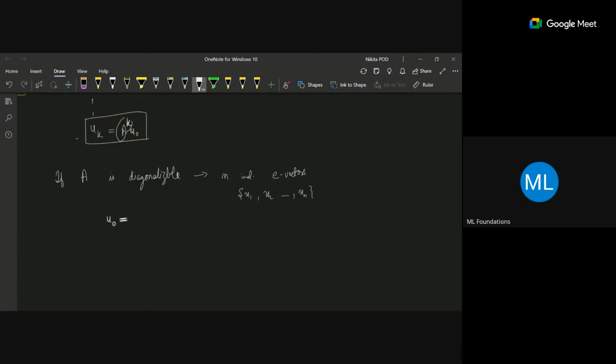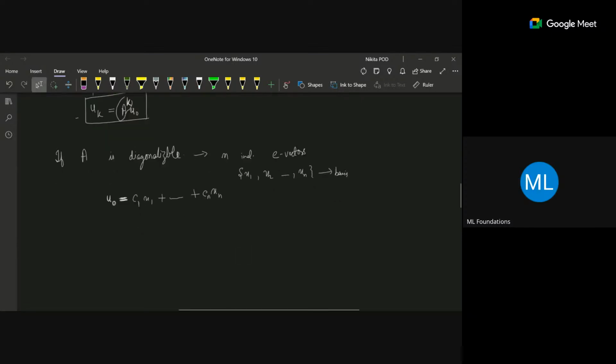So it will give me some c1 x1 plus up to cn xn. And one more thing, it is not just a set of eigenvectors. It also forms a basis. If the matrix is diagonalizable, these eigenvectors also form a basis. So if I take any vector, I should be able to write it uniquely.